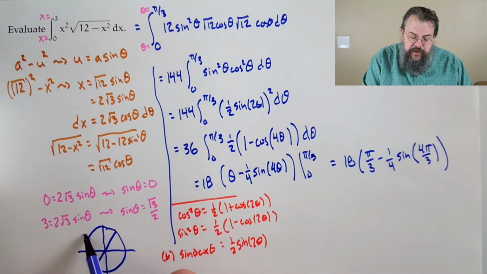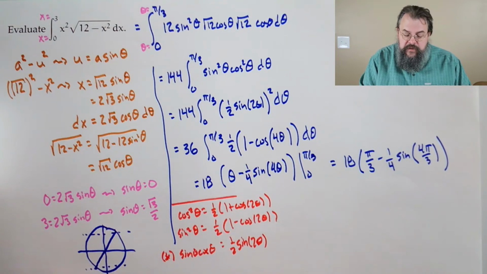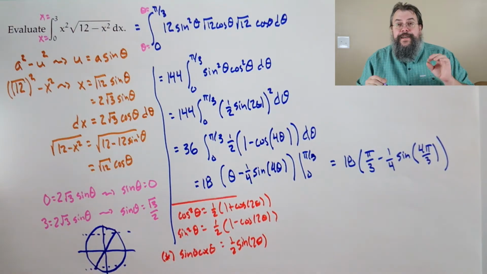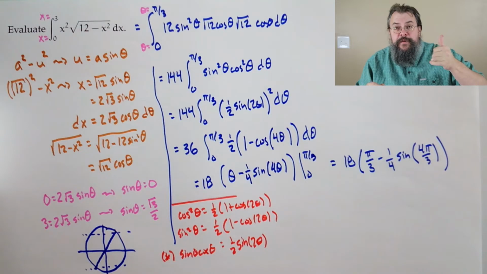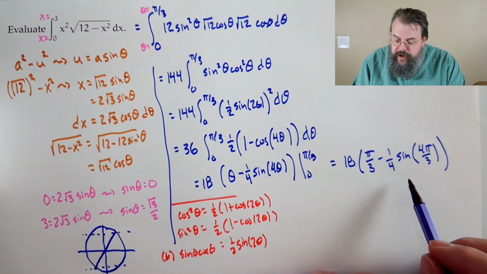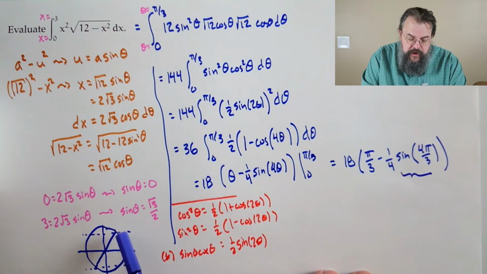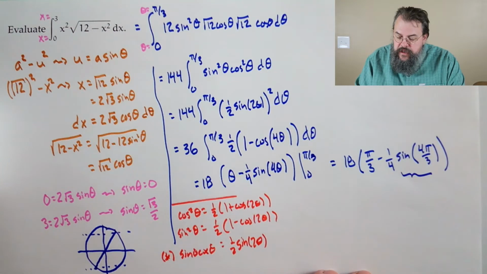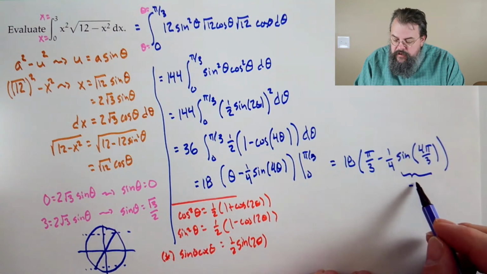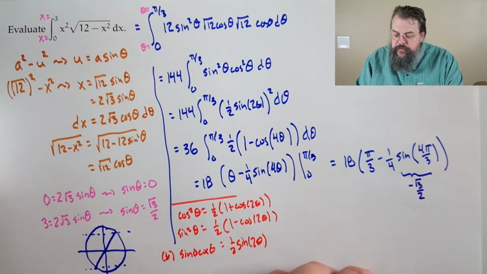If you think about the y values, which is the sine, the 4 pi over 3 has the same y value, except we flip from positive to negative. So since we know that sine of pi over 3 gave us root 3 over 2, sine of 4 pi over 3 would actually be minus root 3 over 2.